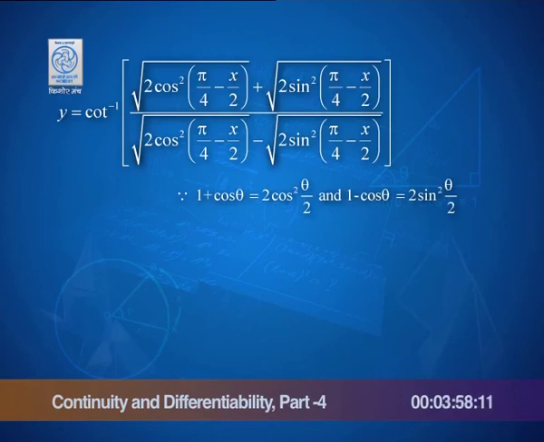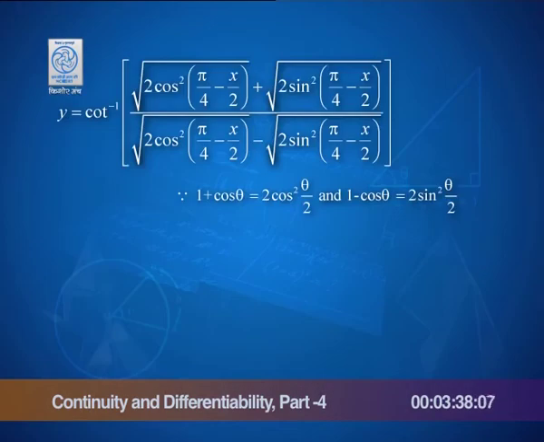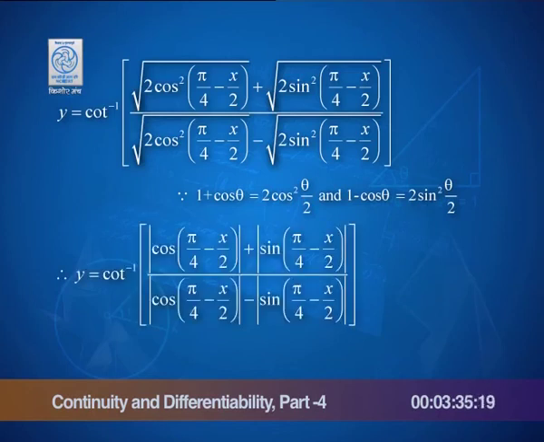Therefore, 1 plus cos pi by 2 minus x simplifies to 2 cos square pi by 4 minus x by 2 and 1 minus cos pi by 2 minus x simplifies to be 2 sin square pi by 4 minus x by 2. What is this going to be same as? This is same as writing cot inverse of absolute value of cos pi by 4 minus x by 2 plus sin pi by 4 minus x by 2 and in the denominator the same expression with a negative sign in between.